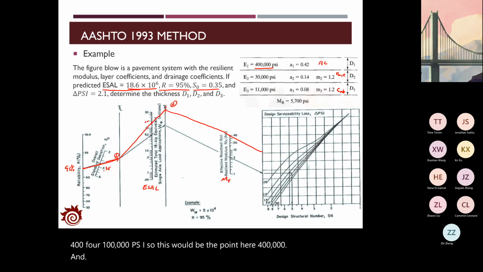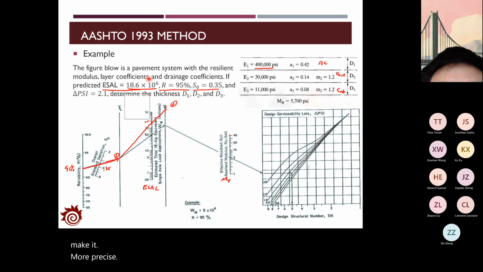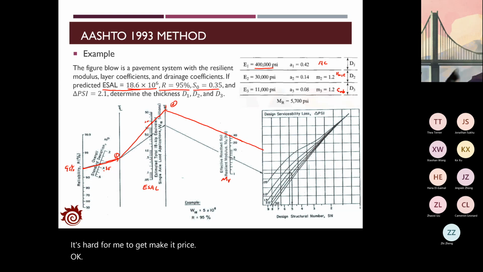I did not draw a straight line, but you need to get a straight line. Let me try to make it more precise. It's hard for me to make it precise. Okay. So this would be the point that you're going to intersect with the graph.